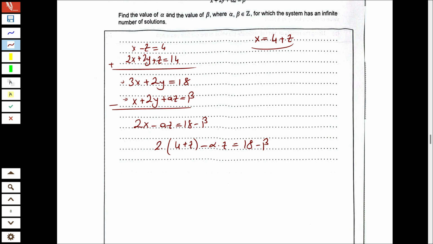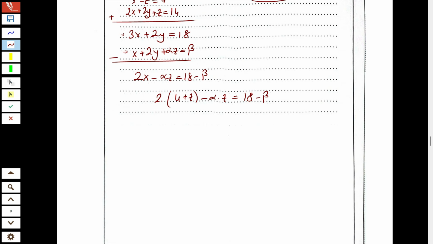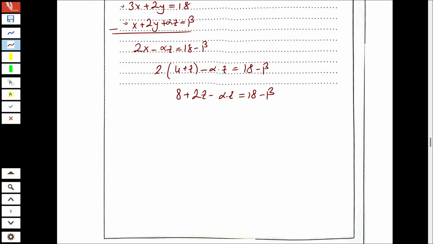You can also write alpha like this, meaning 8 plus 2z minus alpha times z equals 18 minus beta. When you combine the terms with z, by the way, you can subtract 8 from both sides. You will see that z times (2 minus alpha) equals 10 minus beta.